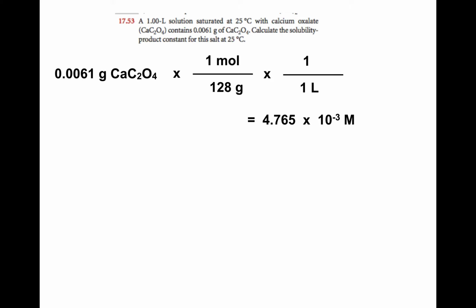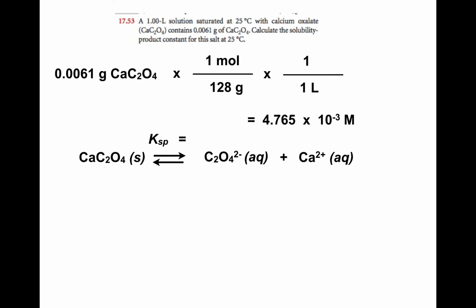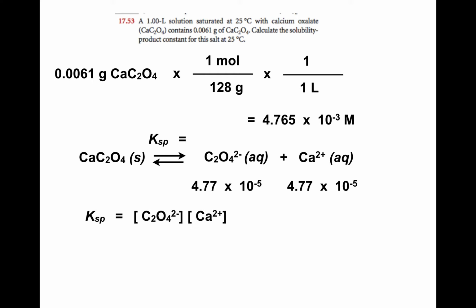Use the molar mass of calcium oxalate to convert to moles, divide by liters to get the molarity. The molarity is going to represent the concentration of each ion, right? 1 mole of calcium oxalate breaks up into 1 mole of calcium, 1 mole of oxalate. So take these concentrations, plug them into the law of mass action, and solve for KSP.